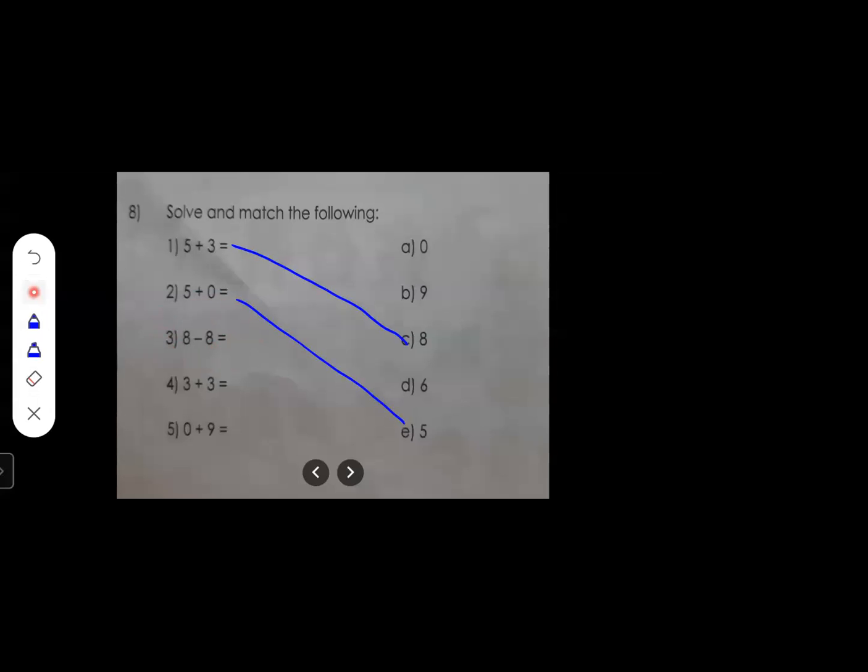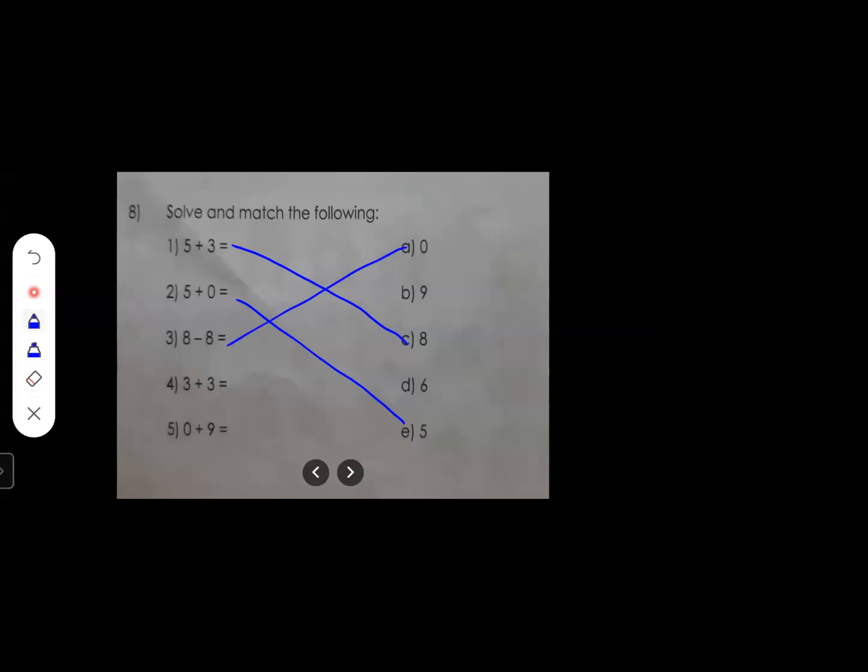Now close 8 fingers. How many fingers are left? Nothing, right? So 8 minus 8 will be 0. So here 8 minus 8 is equal to 0.